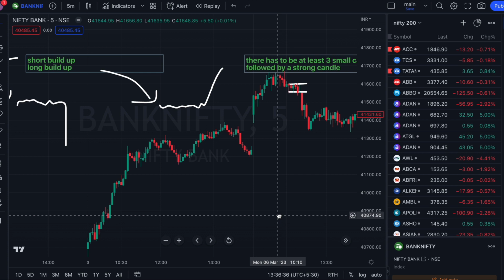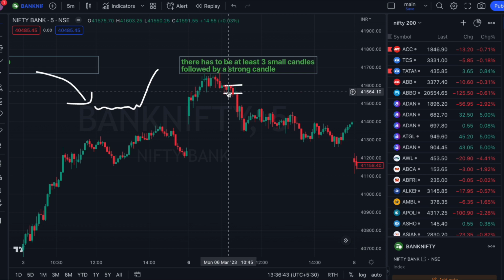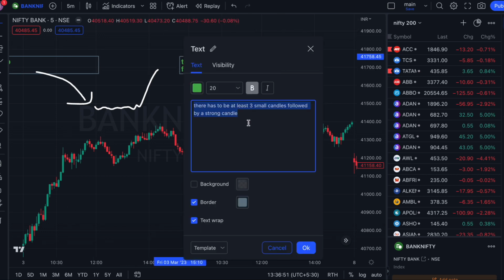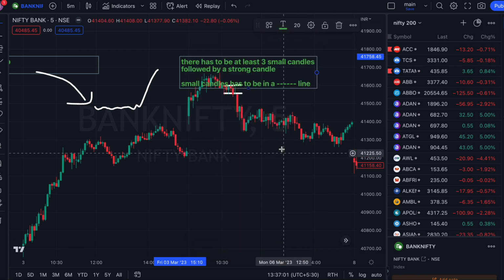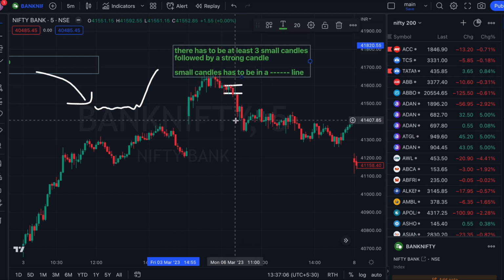This is what we call a build-up. There are at least 3 small candles, which have to be in a straight line. You can also add one more condition: the small candles have to be in a straight line. This is what is called a straight line, right? So this is called a short build-up.